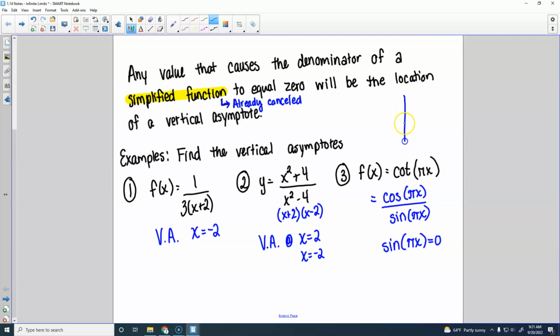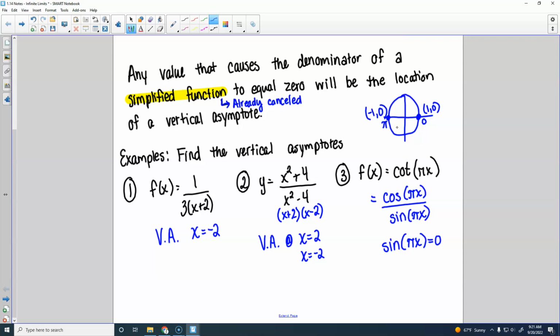If I think of my unit circle, sine is going to equal 0 right here at 0, and then also over here at pi, right, 0, pi, and then 2 pi, 3 pi, 4 pi, 5 pi, and so on.